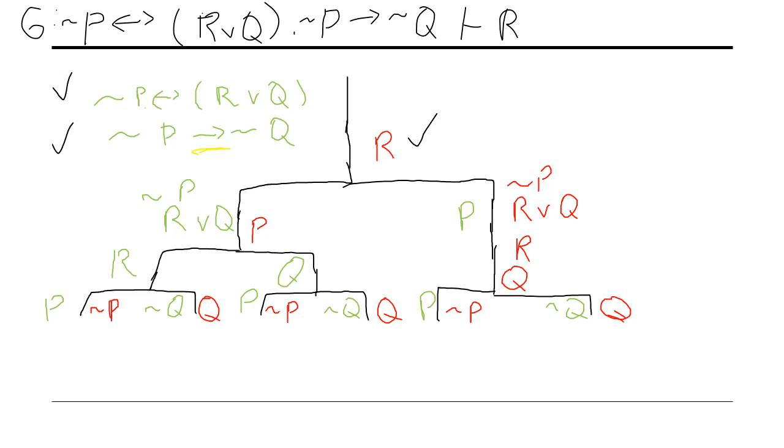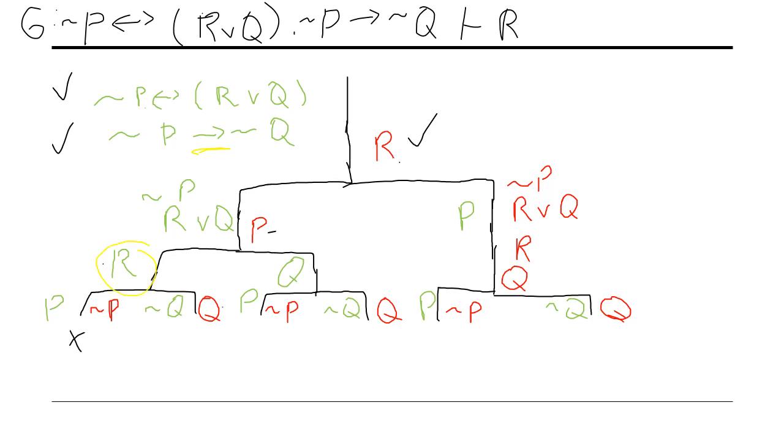So let's look to see if we've got any contradictions. So we got a P on the left, R on the left, P on the right. So there's a contradiction. P's on the left, P's on the right, so that one's closed. Go back through this branch. We got a Q on the right, we got an R on the left, we got a P on the right, we have an R on the right.